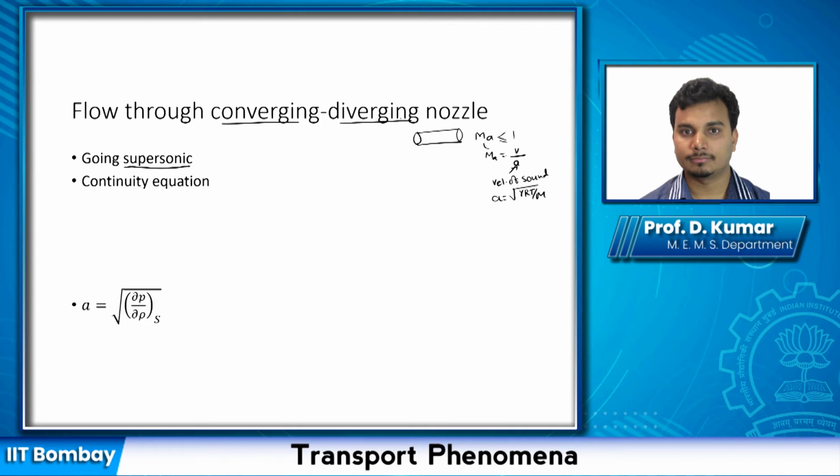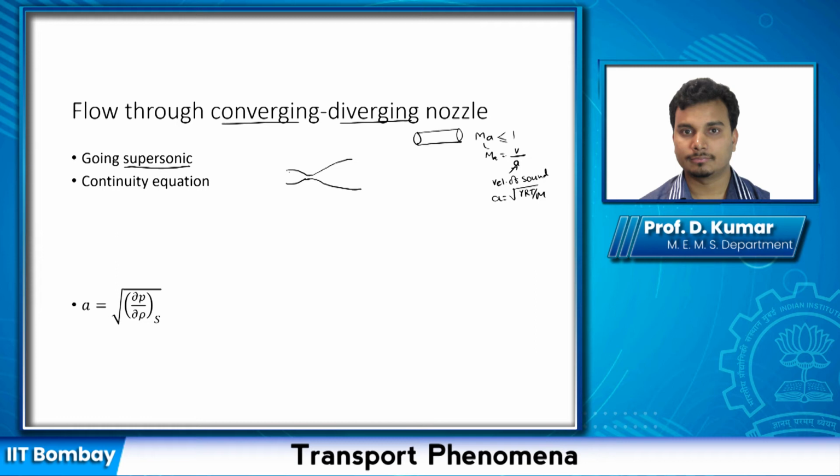So converging diverging nozzle, what do we mean by that? First of all, let's see that. What you have is essentially one converging section. You start from here and you converge it. And then you have what we call the throat, and then you have the diverging section. You will generally see that the converging section reaches your throat very fast.